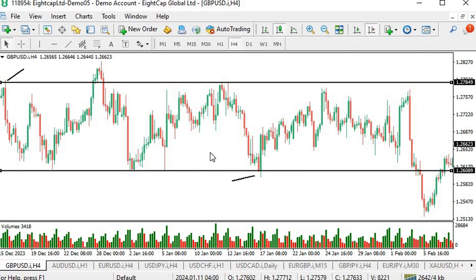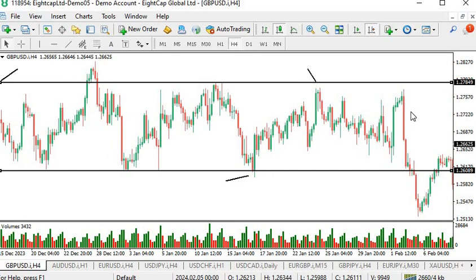It got rejected here, went above to the resistance zone, and again you can see got rejected, went below, went again to the resistance zone, and this time it broke the support to the downside.